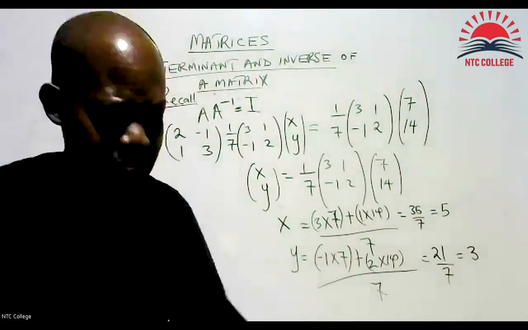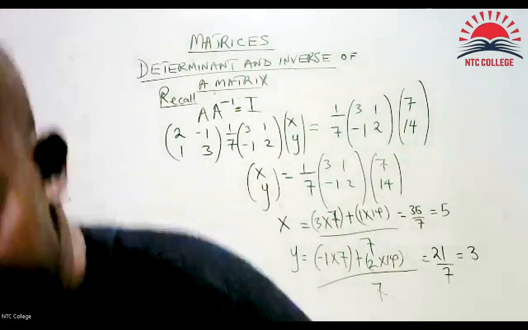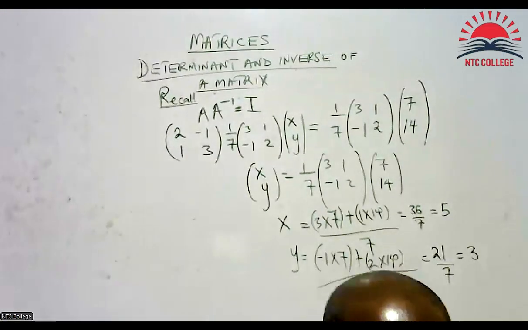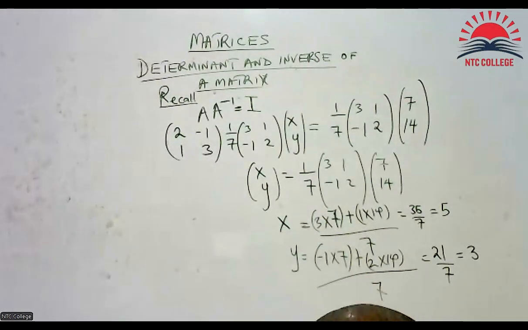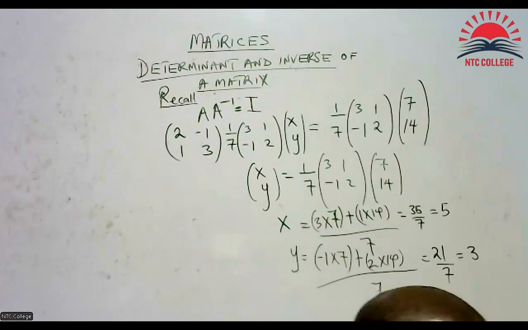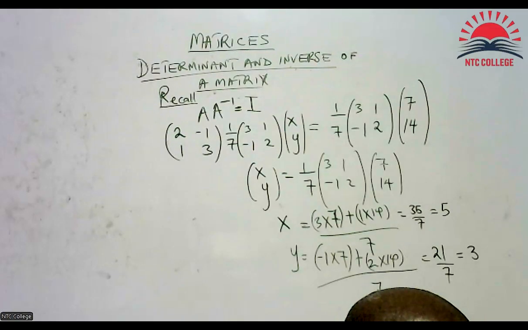Is there any question up to that point? The value of x is 5. I hope we have followed the steps, and the value of y is 3. I want to welcome any question before I give the alternative method.